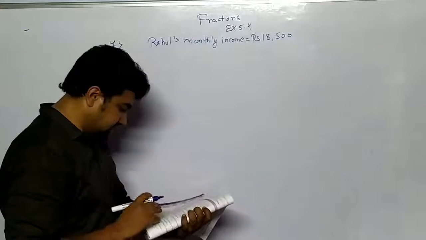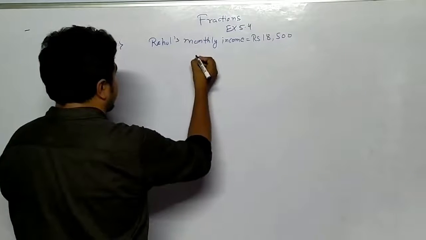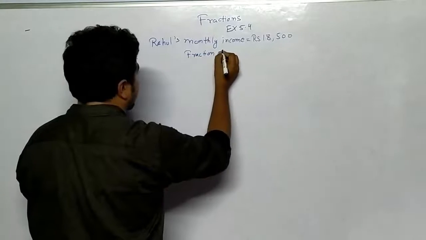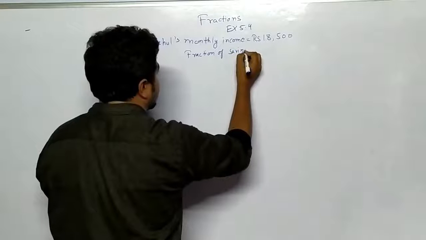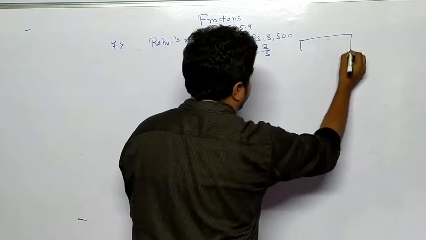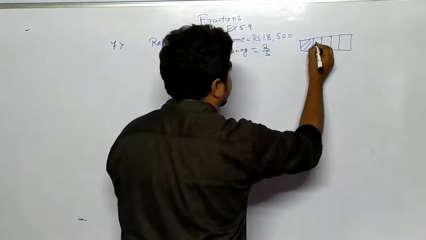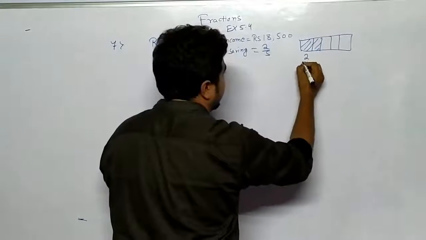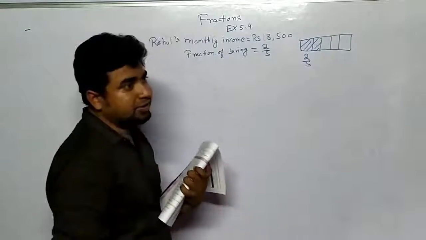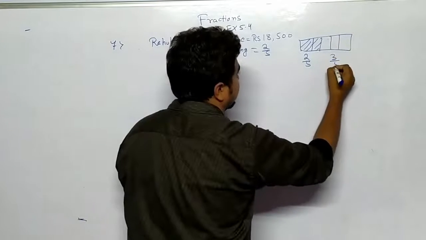Now you can see here that he saves 2 by 5th of his salary. Fraction of saving is equal to 2 by 5. Means when you draw 5 parts, 2 parts out of the 5 are saved. Then the expenditure will be 3 by 5.